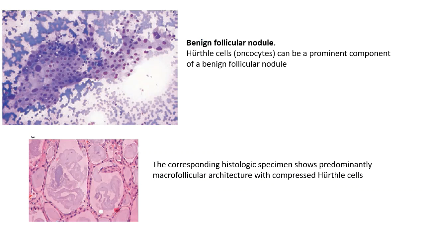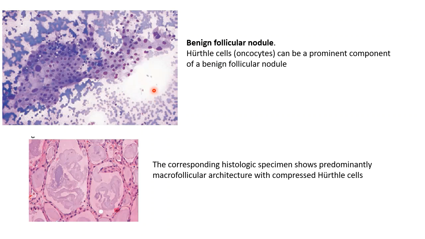Sometimes the benign follicular nodule can show extensive Hürthle cell change. So this is the oncocytic change. The Hürthle cells can show anisonucleosis, prominent nucleoli. However, such nodules should not be labeled as Hürthle cell neoplasms.